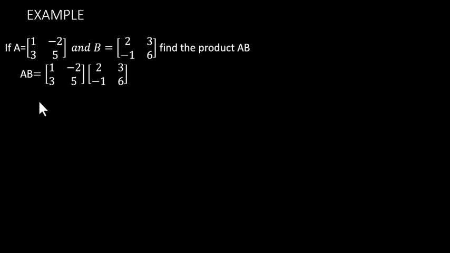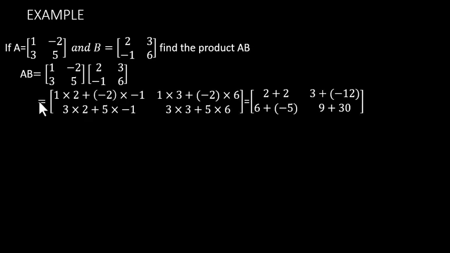Now we're going to work out what we have been given. We multiply 1 by 2, our first row by our first column, then our first row by our second column.